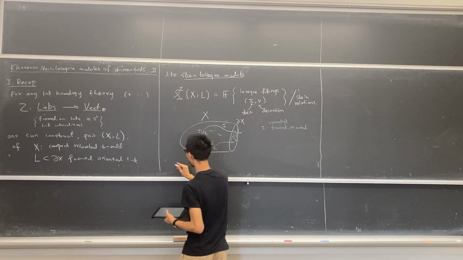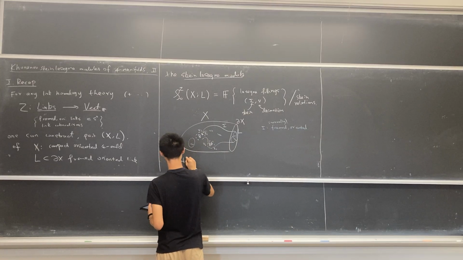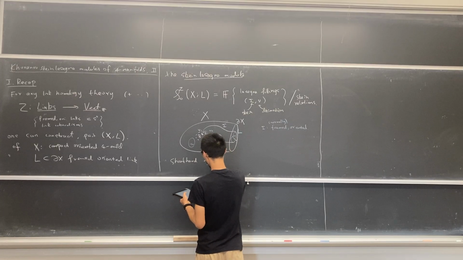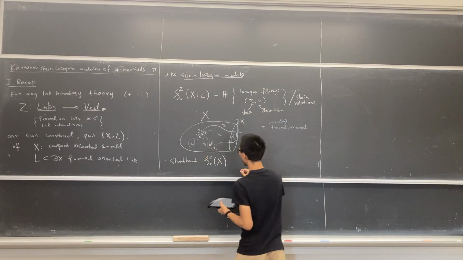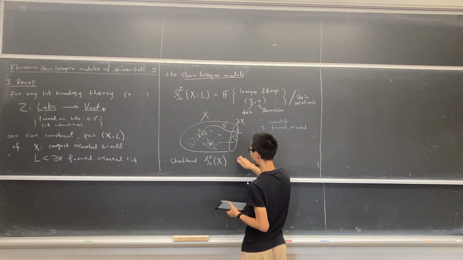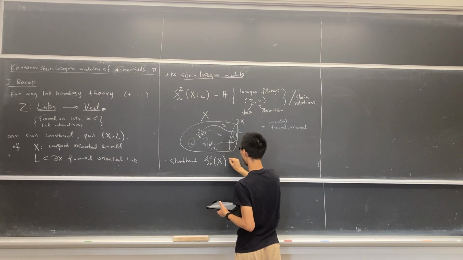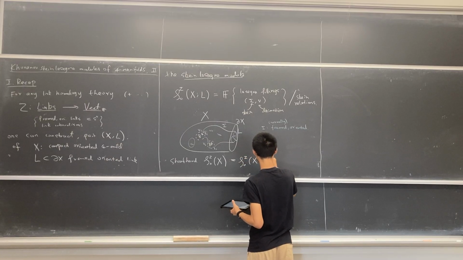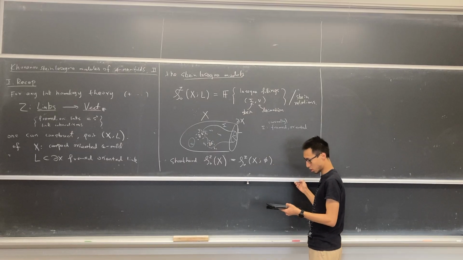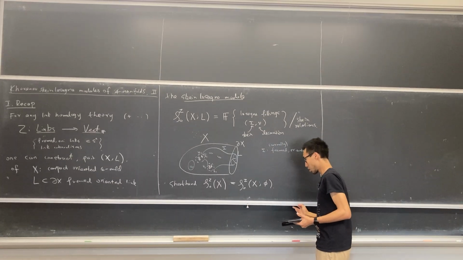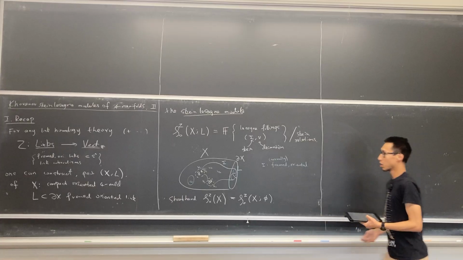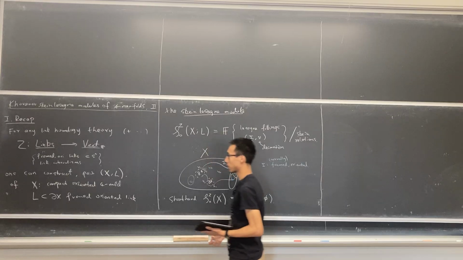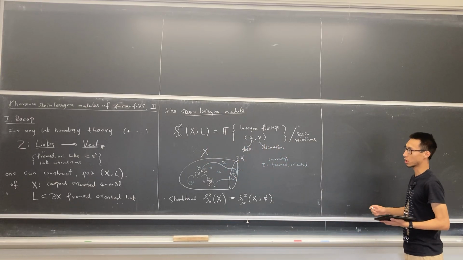As a shorthand, just to make things simple, which will be the case for most of the things I'm going to say today: if my boundary link L is empty, I'm just going to drop it from the notation. Your link homology theory might come with extra structures, for example, that of a grading.